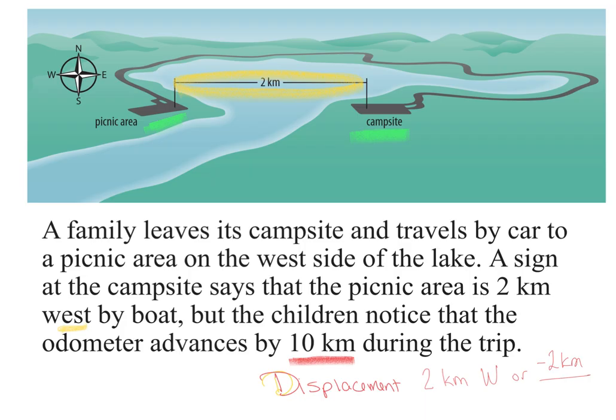I will say for the most part, when we use north, south, east, west, we're typically going to actually use those directional notations there. But displacement requires a direction. So I must indicate not just the 2 kilometers, but also which direction I am from where I started.